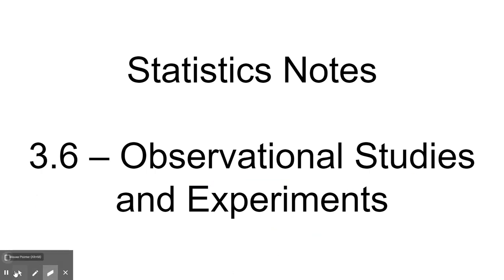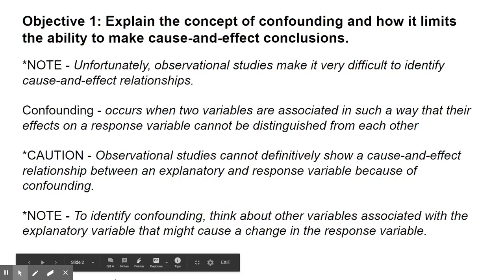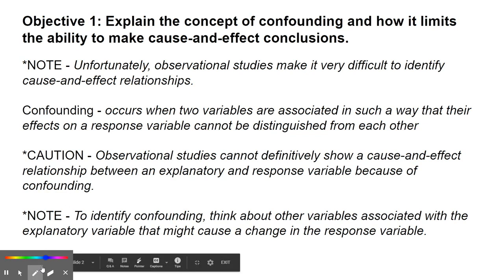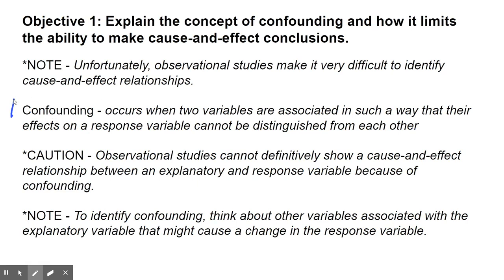First thing here, unfortunately, observational studies make it difficult to identify cause and effect relationships. That's why we choose experiments. And the reason that it makes it difficult is because of this idea of confounding. Now, this is an interesting idea, so pay attention. Confounding occurs when two variables are associated in such a way that their effects on a response variable cannot be distinguished from each other.